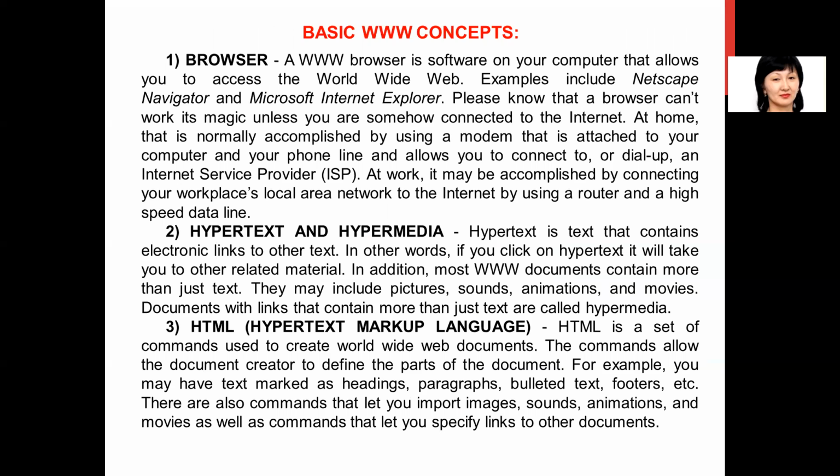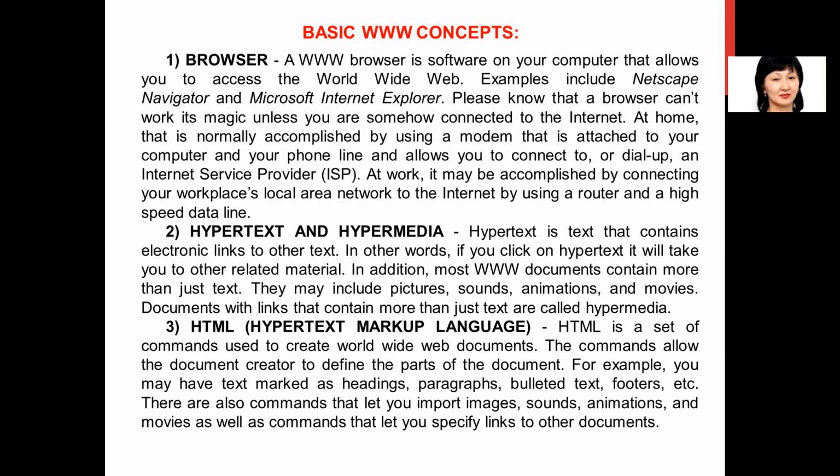Basics of 3W concepts. Browser. A 3W browser is software on your computer that allows you to access the World Wide Web. Examples include Netscape Navigator, Microsoft Internet Explorer, Google Chrome, Mozilla Firefox, Yandex, and others.